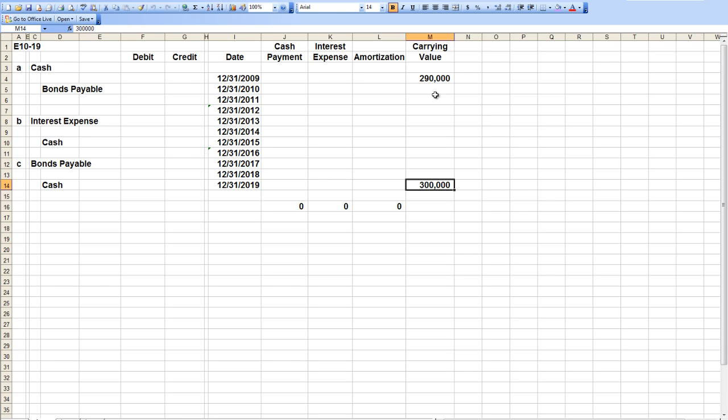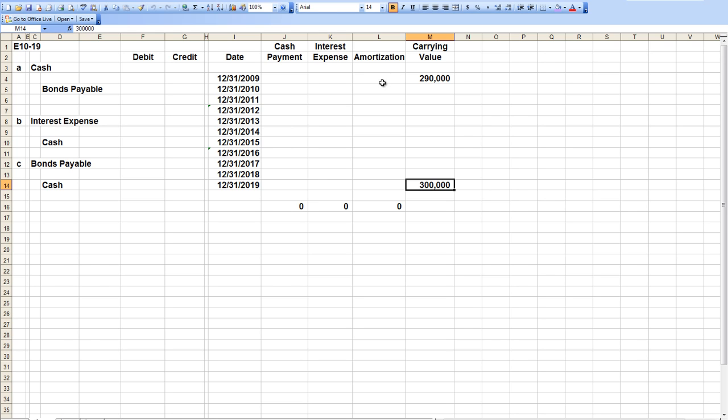Now, this is what the author referred to as amortization of discount. And in this problem, it says that we're going to use straight line. Now, what straight line means is that we're going to go from here to here, $10,000, evenly over the life of the bonds.